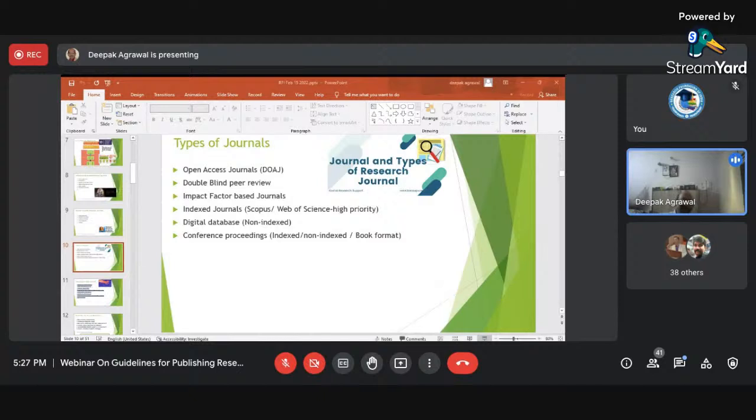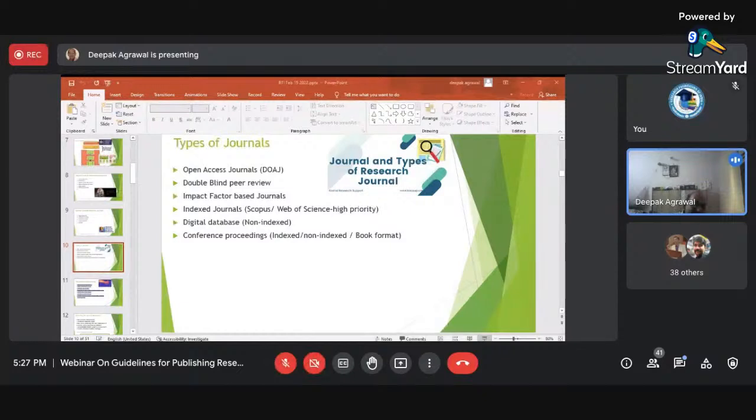Open access journals are those journals which are accessible by any person without paying any fees. They are not charging for accessing the papers, and most journals are open access. But then the question comes to mind, how are they getting their funds?